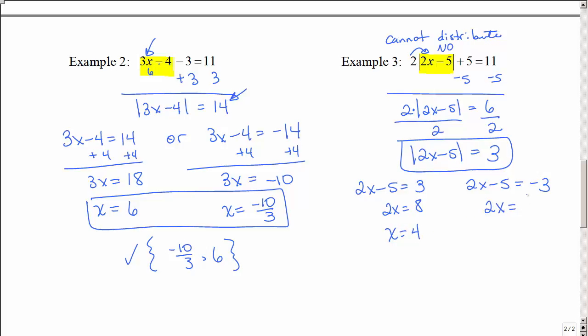When I add 5 over here, I get positive 2, and divide by 2, I get 1. I like this example because it shows you that your two answers are not necessarily a positive and a negative answer. Sometimes you can have two positives, two negatives. You just have to do the work. So we have a solution set of 1 and 4.